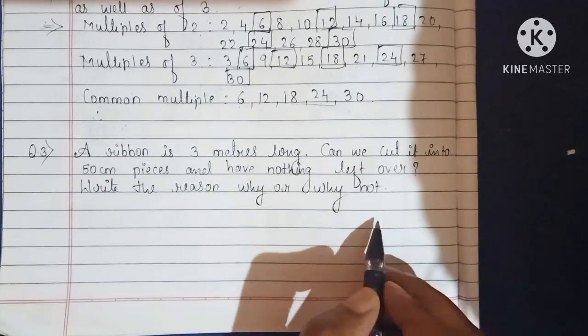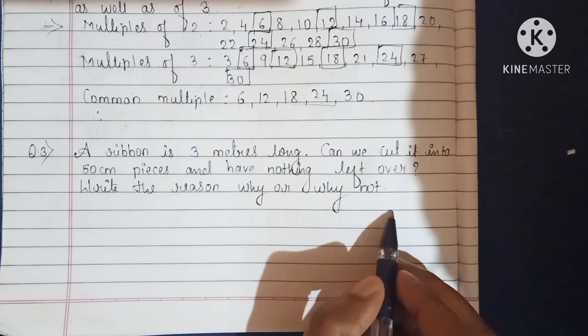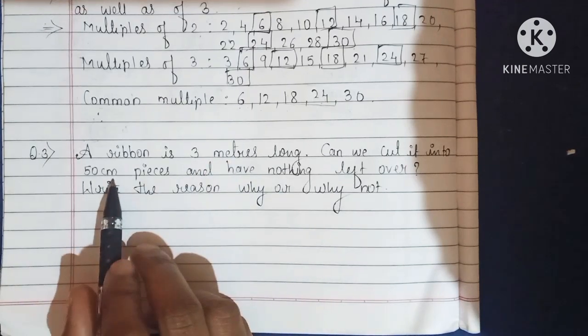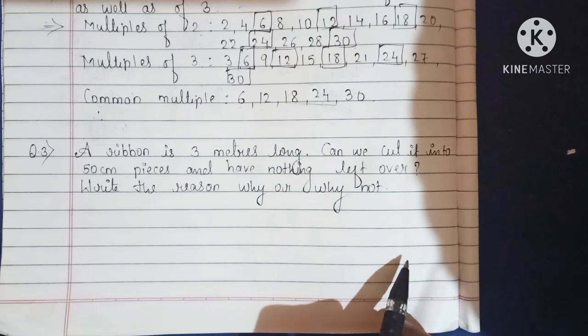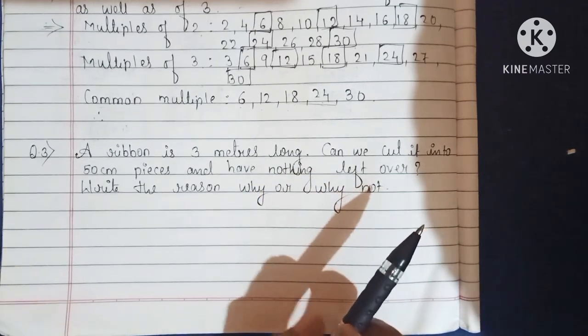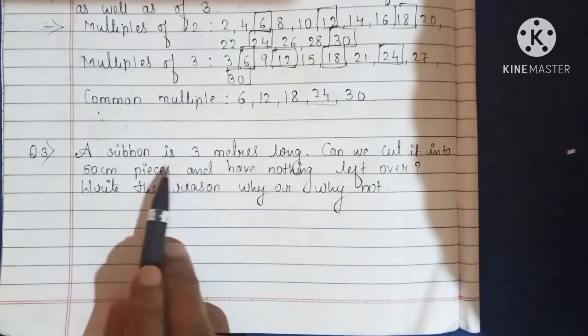So we have to find out whether we can cut into equal portions. For this we will do division. We will divide this 300 centimeters by 50 centimeters. If we get the remainder as 0, then we can say that after cutting that ribbon, nothing will be left over. So let us find out whether it is completely divisible by 50 or not.